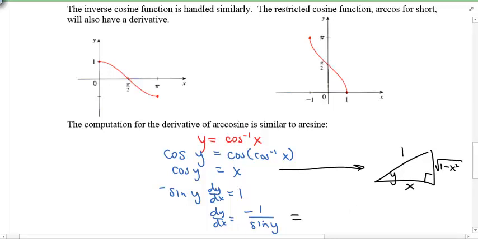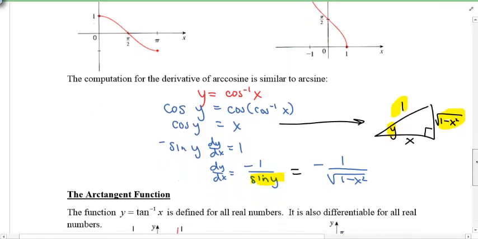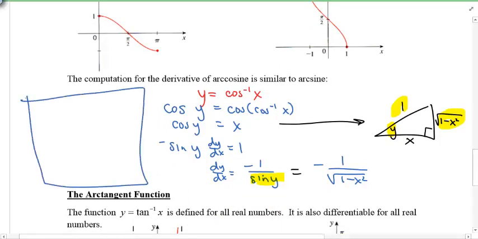And sine of y, opposite over hypotenuse. In this case, we have a negative of the same thing. So big box: y equals cos inverse of x. Its derivative is negative 1 over the square root of 1 minus x squared.